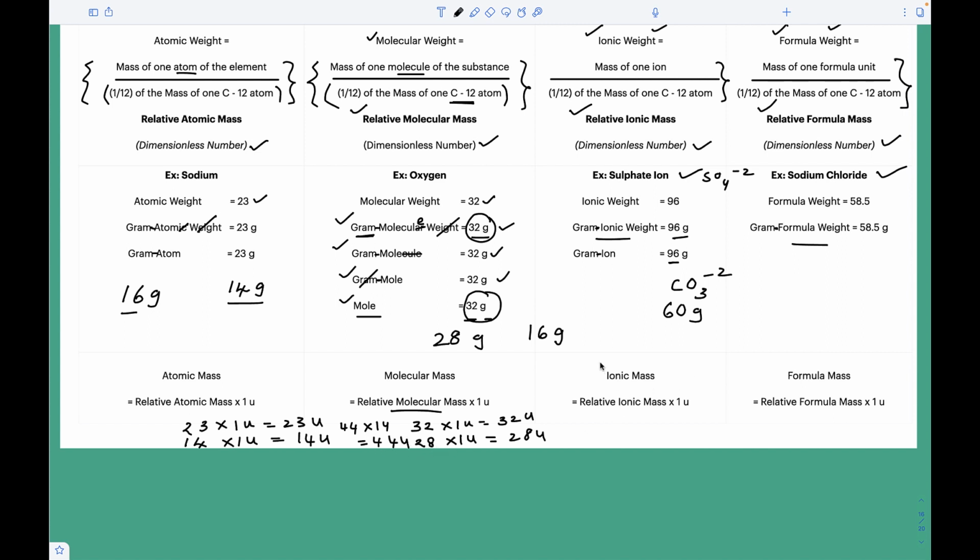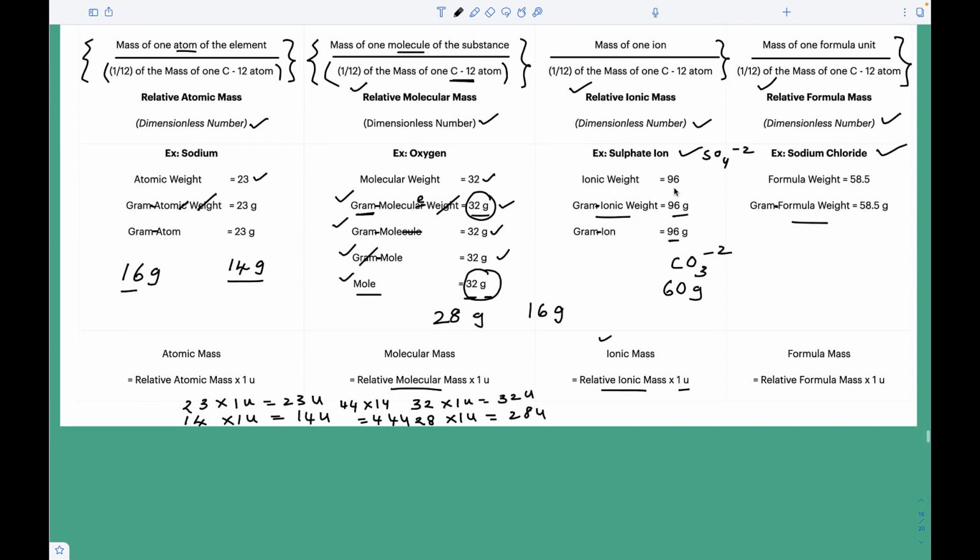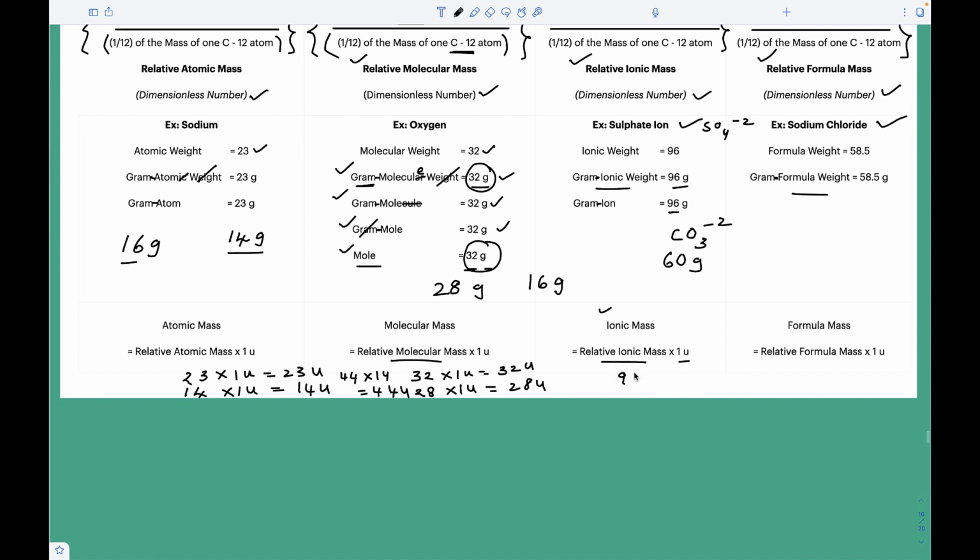Similarly, ionic mass is the mass of one ion, and it is equal to its relative ionic mass multiplied with 1U. So what is the ionic mass of sulfate ions? Its ionic weight is 96. So 96 multiplied with 1U, that is 96U.